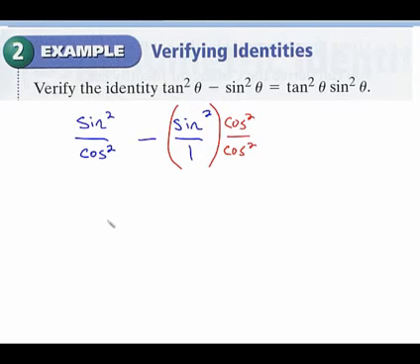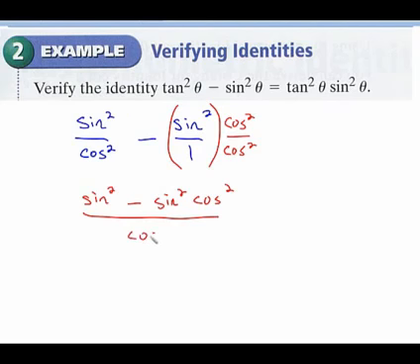So that gives us sine squared minus sine squared times cosine squared, all over cosine squared. From this step, you should recognize that I could factor out a sine squared because both of these have sine squared in common. So there's a GCF of sine squared.